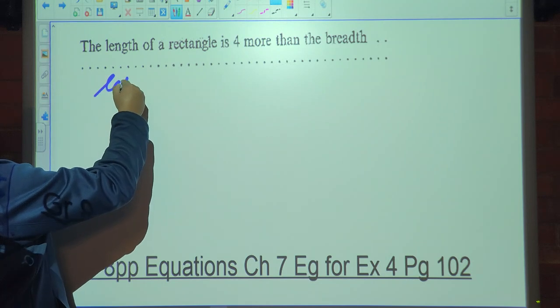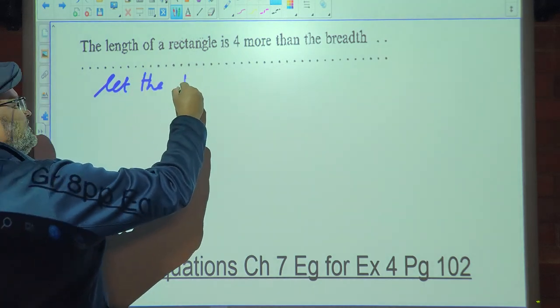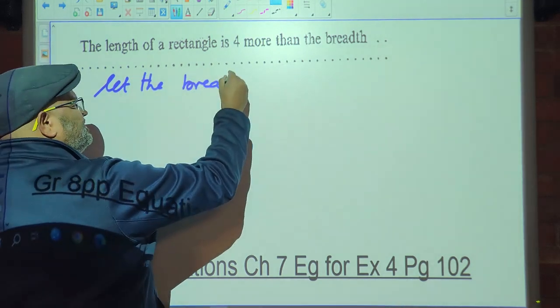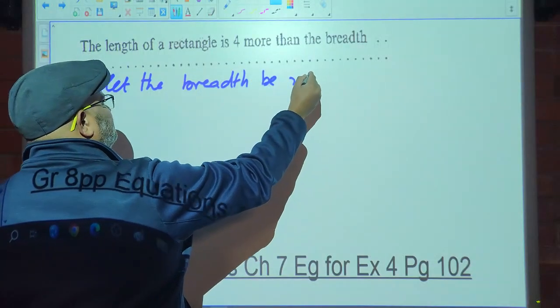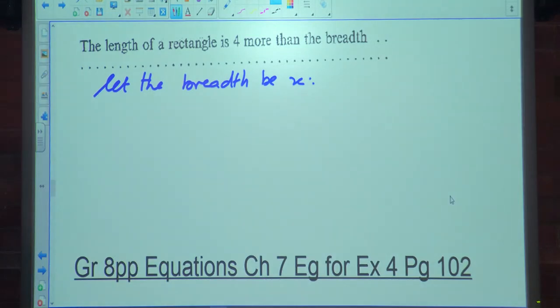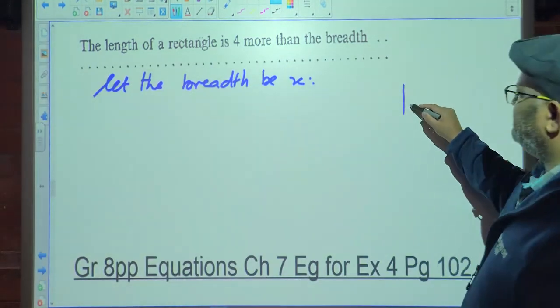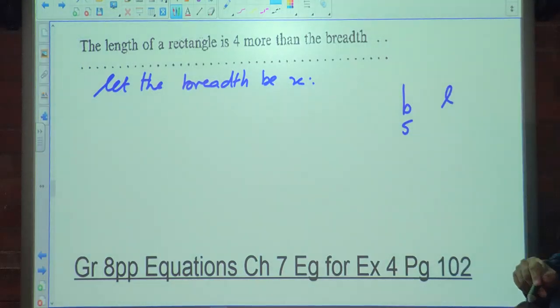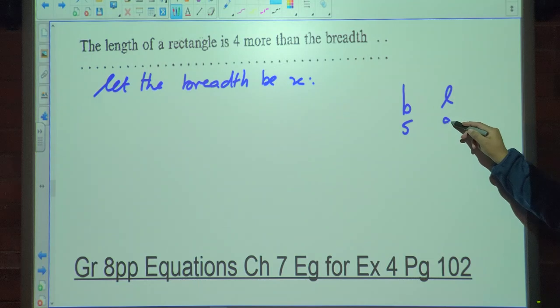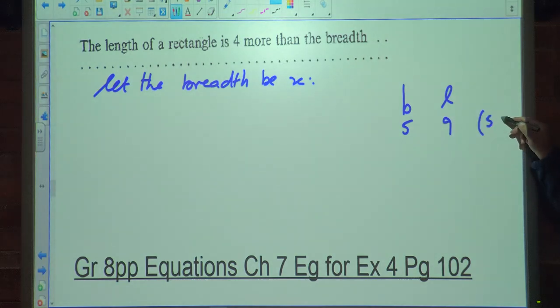So we say let the breadth be x. Not so. So if the breadth is 5, then what is the length? 9. How did you get that? 5 plus 4.